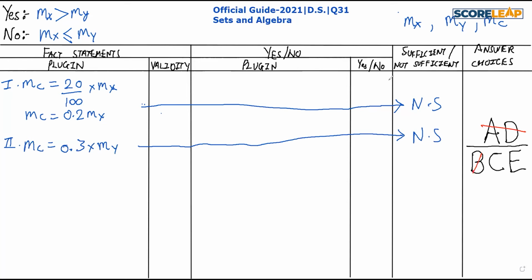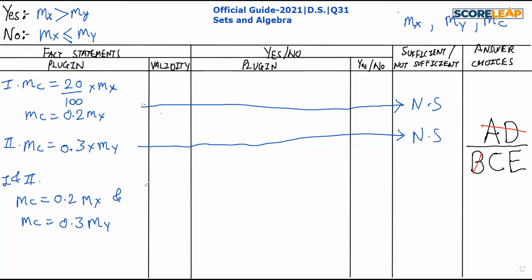Whenever both the statements are not sufficient, we need to combine both of them. So if I club both of them, then MC is equal to 20% of MX and MC is also equal to 0.3, which is 30% of MY. So from this, I can easily evaluate the relation between MX and MY.